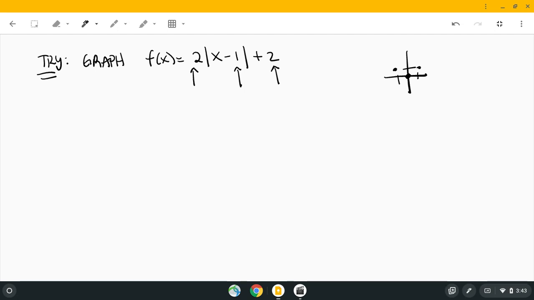Okay, so this one here is the one that we do first, and it multiplies the original y values. This one is on the inside, grouped with the x, so this is our sideways motion. This is going to be right 1.